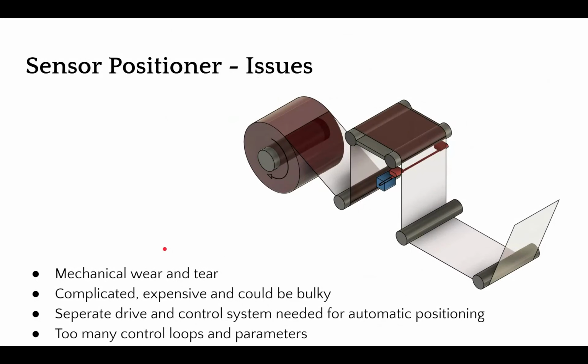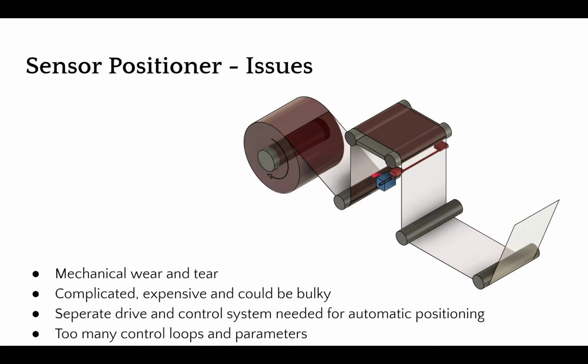Now, the main issue with sensor positioners or moving sensor center guide is mechanical wear and tear. As you can imagine, the actuator needs to continuously move back and forth, and that creates a lot of issues. It is also complicated because you have two control loops and there are two control gains that someone needs to worry about. One is for the guide mechanism, and the other is for the chasing mechanism.